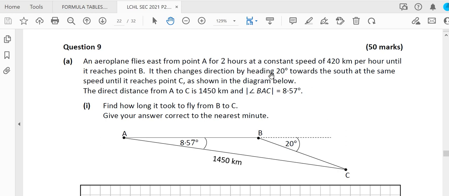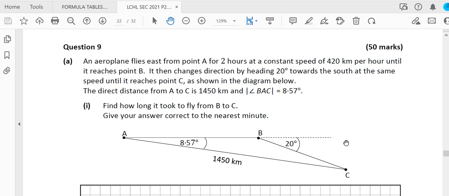It then changes direction by heading 20 degrees towards the south at the same speed. So here, and that's why we are saying 20 degrees, that's where that 20 is, until it reaches point C, as shown in the diagram below. The direct distance from A to C is 1,450 kilometers and angle BAC is 8.57, and we have all that information here.